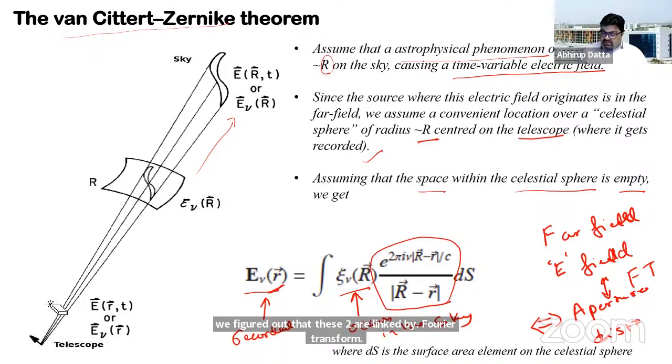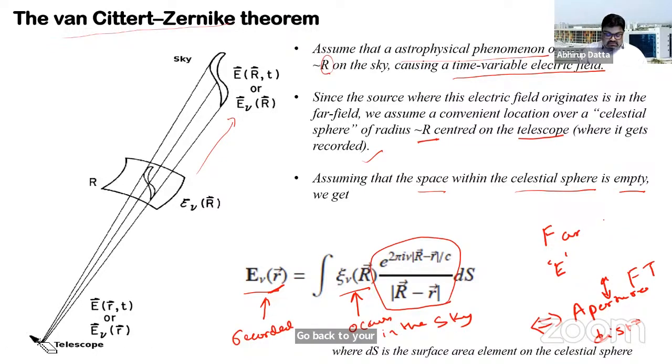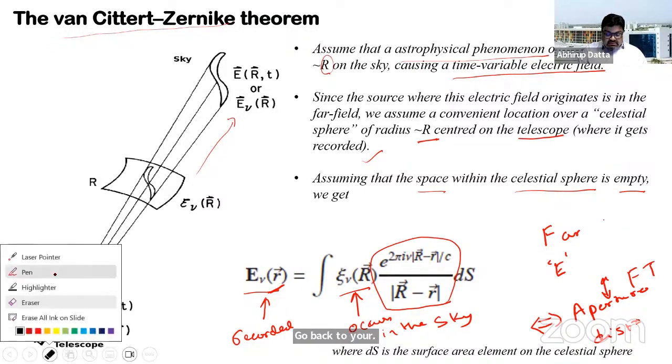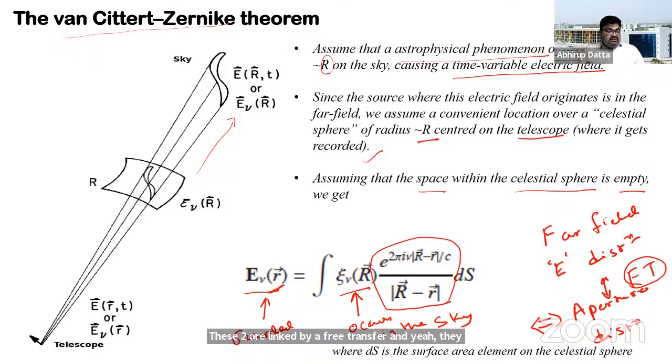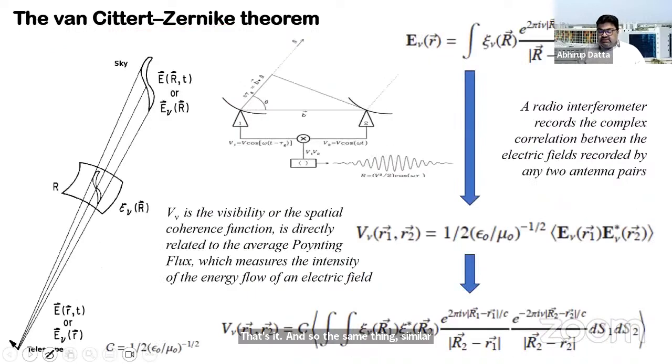Go back to your distribution. Yes, so these two are linked by a Fourier transform, and we have shown that for different kinds of aperture, rectangular aperture, circular aperture, etc. And similarly, the same thing is linked over here.